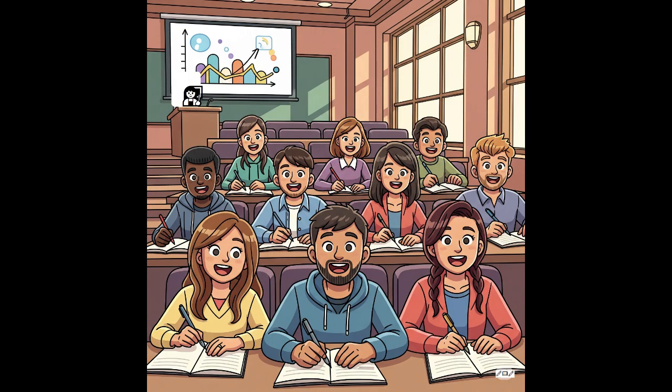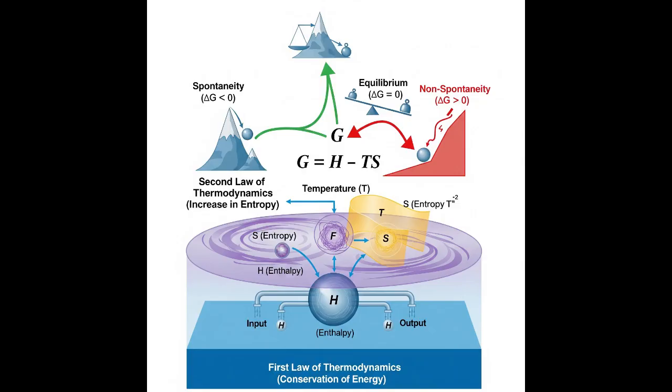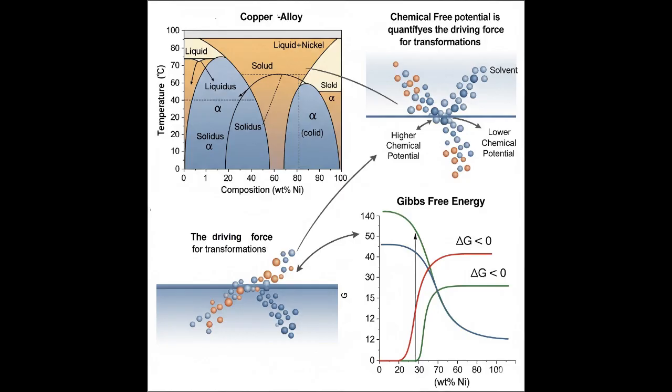In summary, by combining the first and second laws, we've derived the Helmholtz and, more importantly, the Gibbs free energy. Gibbs free energy, G equals H minus TS, is the crucial thermodynamic potential for understanding spontaneity and equilibrium at constant temperature and pressure.